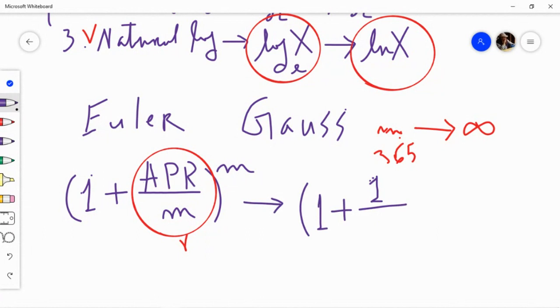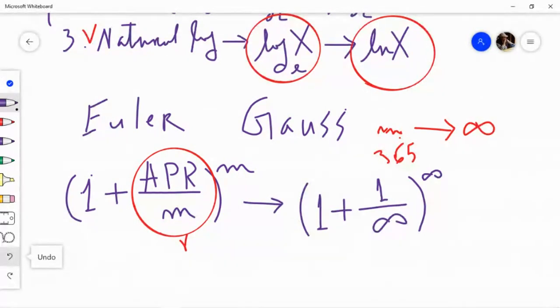Because it's 1, later we can replace it with anything. And then since m goes to infinity, we divide it by m and raise it to infinity.